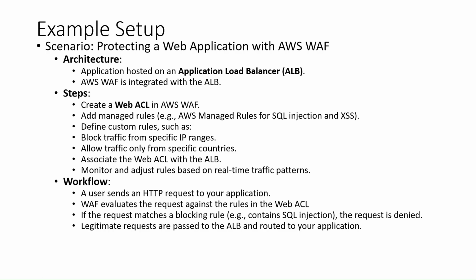Everything will be scanned. If anything malicious is found, it will be denied. If not, legitimate requests are passed to the load balancer. Next, the load balancer will redirect the request to the service, and it will revert it back. So this is how exactly the workflow will work.